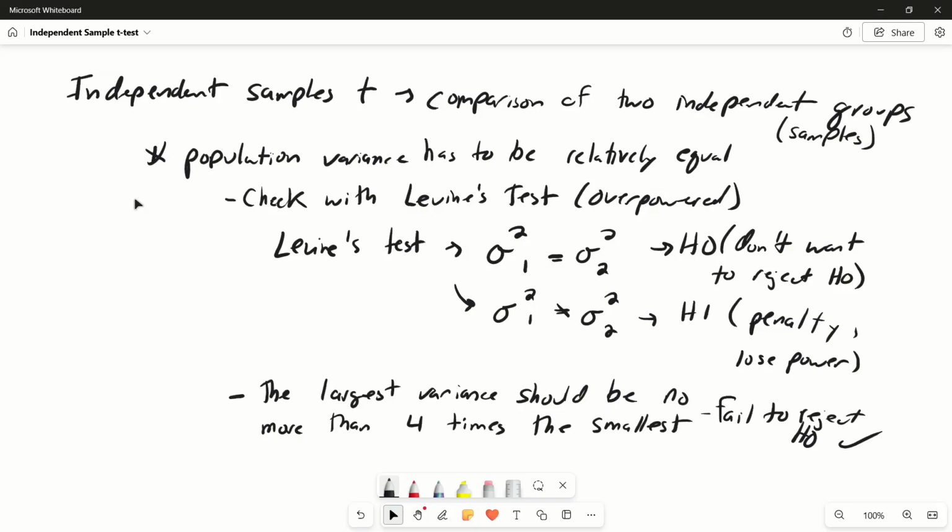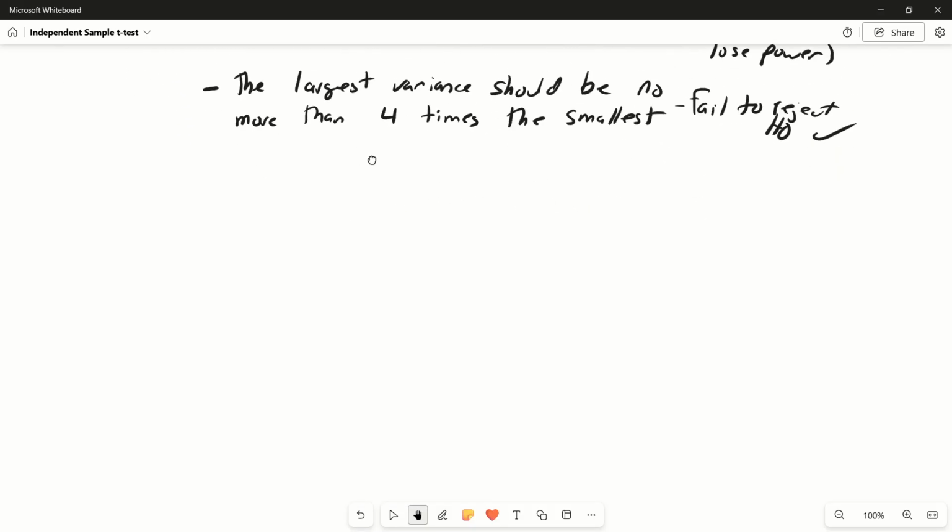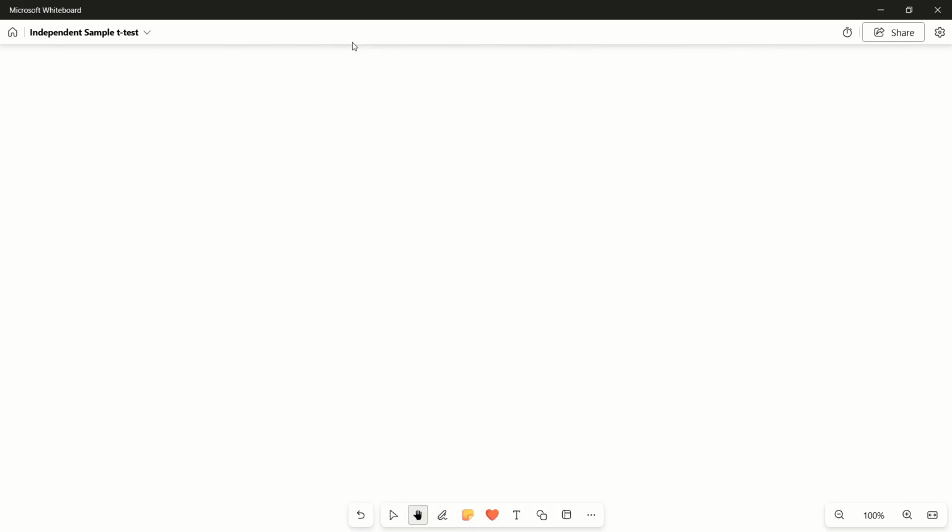You also don't want any heavy skewness in the data. So that's important that the data is not skewed and the data have to be independent. Like I said before, they cannot be related. So the two groups cannot be related. Two samples are independent. We need to make sure that's the case, right? They should not be highly correlated with each other, group 1 and group 2.